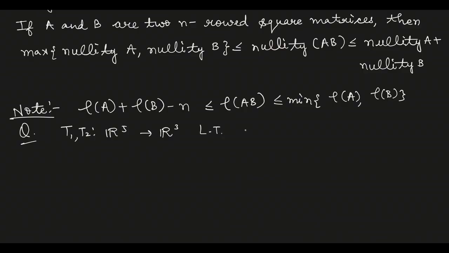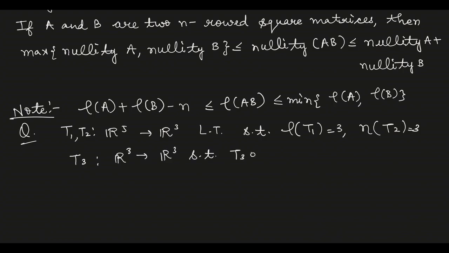These are linear transformations such that rank of T1 is 3, nullity of T2 is 3, and T3 is a linear transformation from R cube to R cube such that T3 composition T1 is T2. Then I am asked to find rank of T3. Do you want to try or should I discuss? Let me see, ma'am, first. Okay.